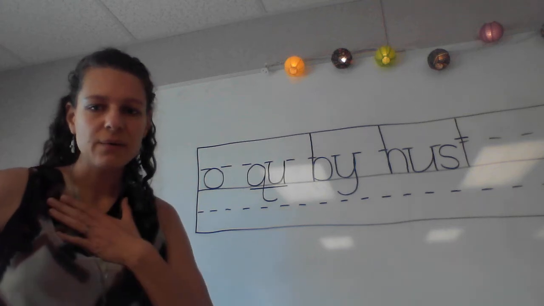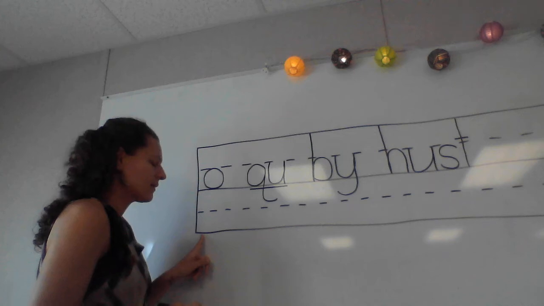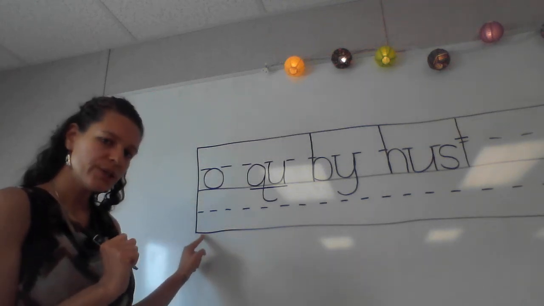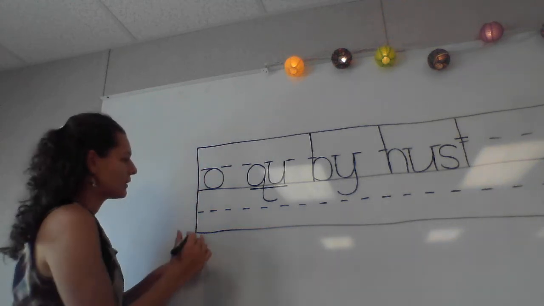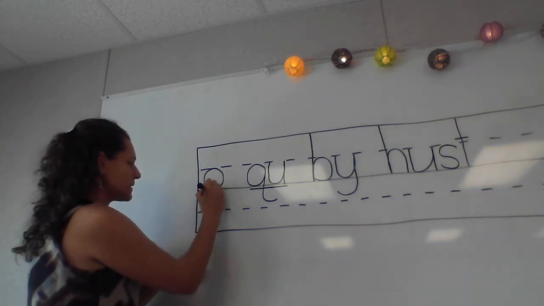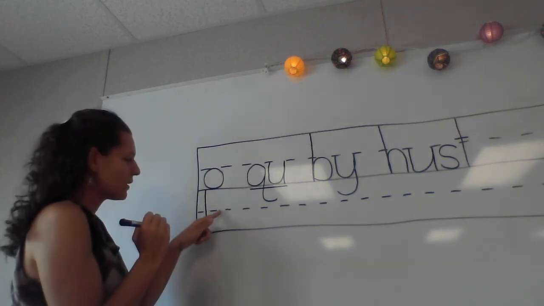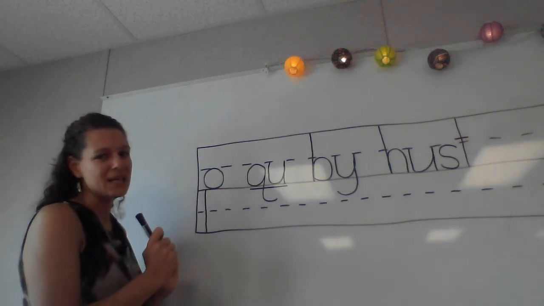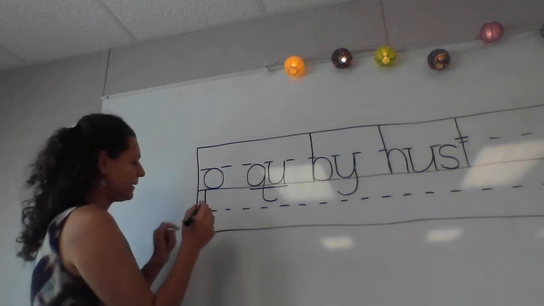All right, class, tell me what I need to write to spell kins. Good, k is the first sound, and which k did I say to use? Good, line letter k. So remember that one starts at the top baseline. After we pick up our pencil though, we go to the dotted line. A lot of us want to go all the way up. That's a capital K. So we go to the dotted line.